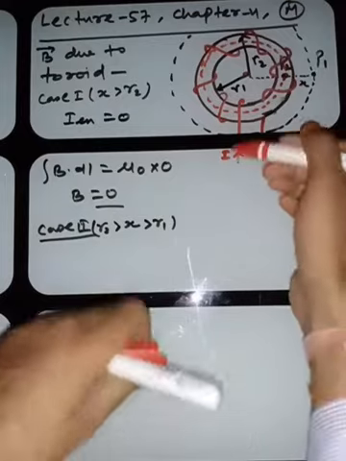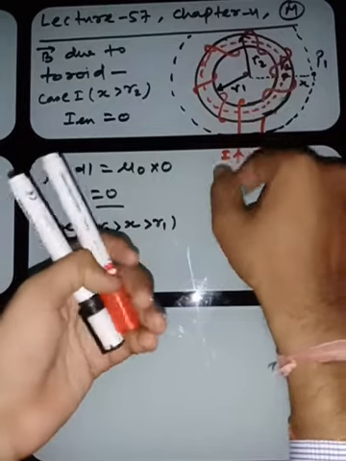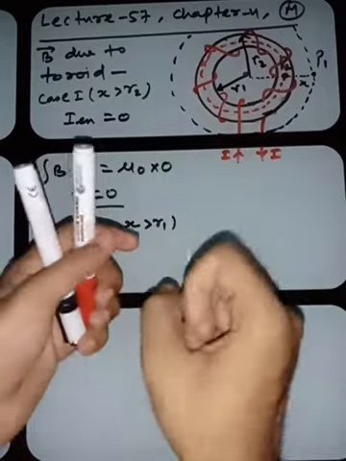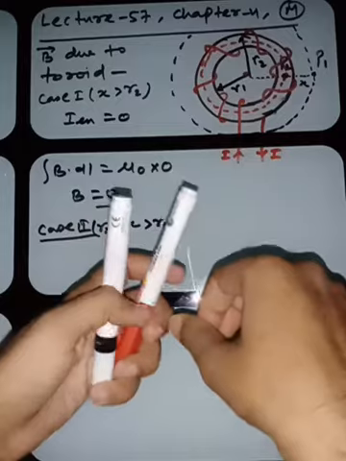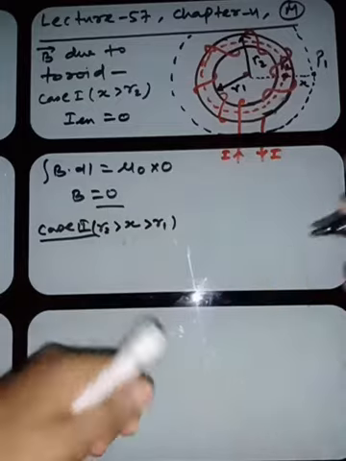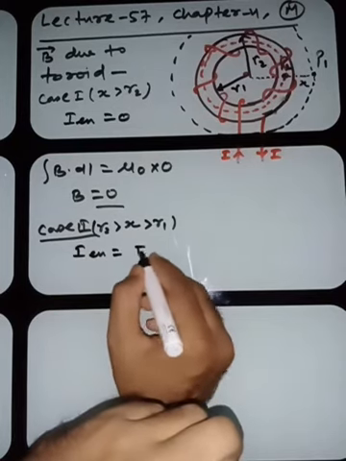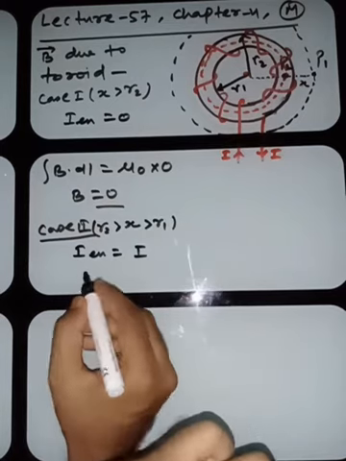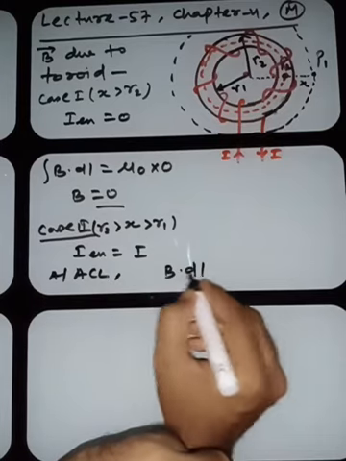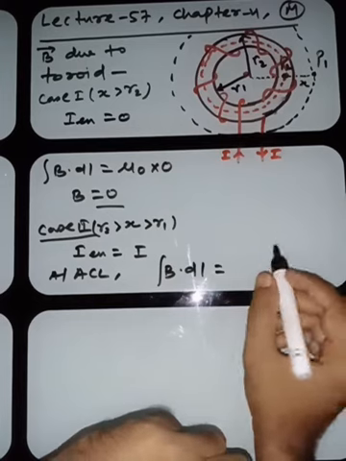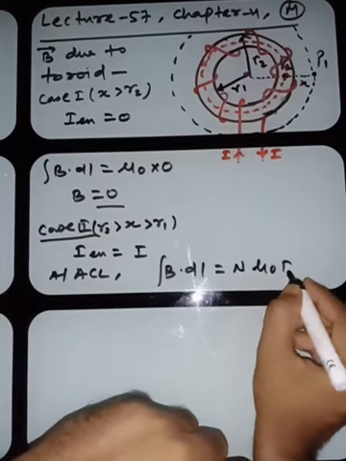For this Amperian loop, you can see, my dear students, that current is moving in or out, so you will get a net current, and for that we can write the I enclosed as I. Now using Ampere's law, we can write B dot dl equals, since the winding has n turns, n times mu naught I enclosed.